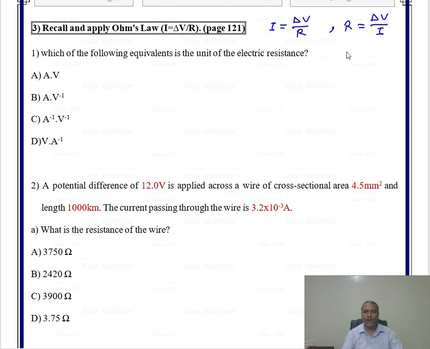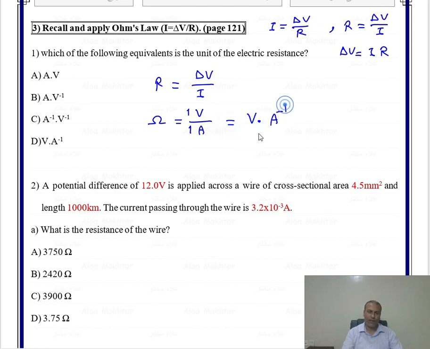Or delta V equals I multiply R. The first question: which of the following is equivalent to the unit of electric resistance? R equals delta V over I, so that ohm equals volt over ampere. It means volt multiply ampere to the power negative 1.